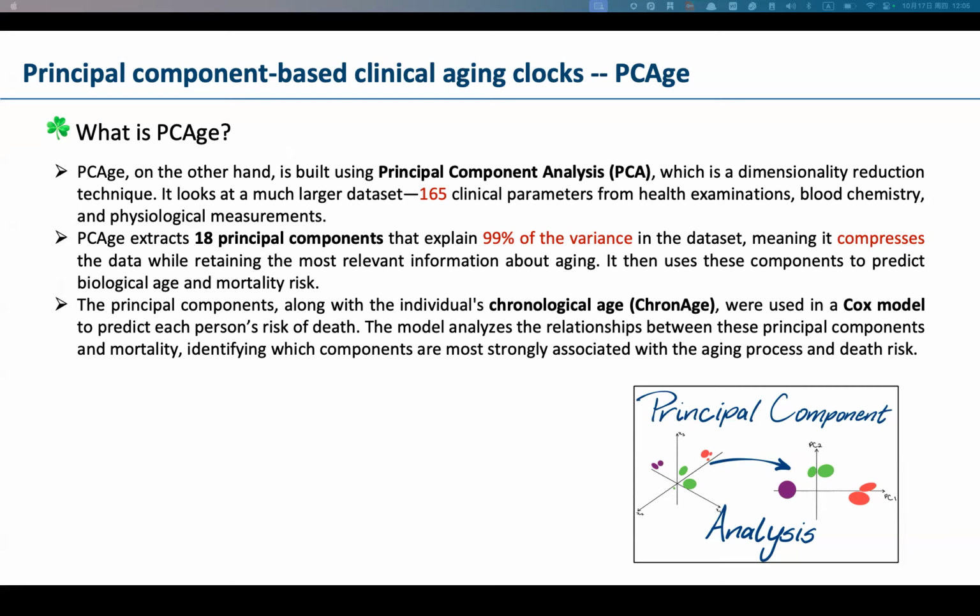So the input of the Cox model is the 18 components and the CA, and the output is the risk, which they define and call PCH. So is that rule-based math? The Cox model has parameters, so the Cox model itself is trainable.